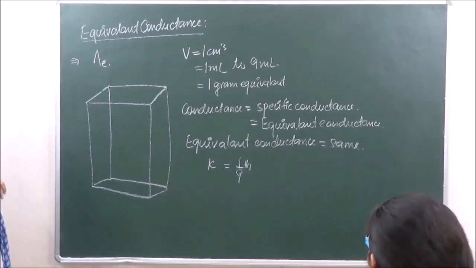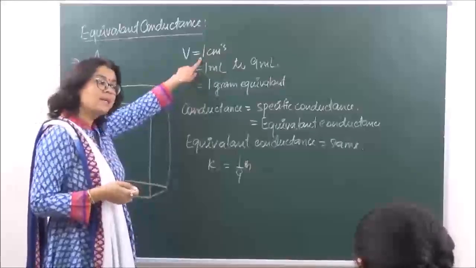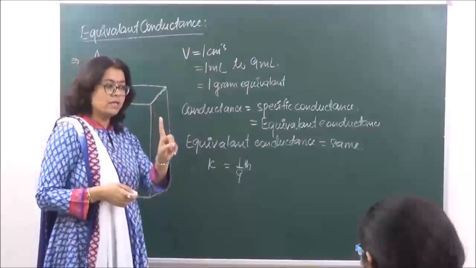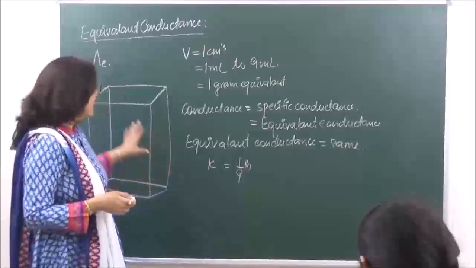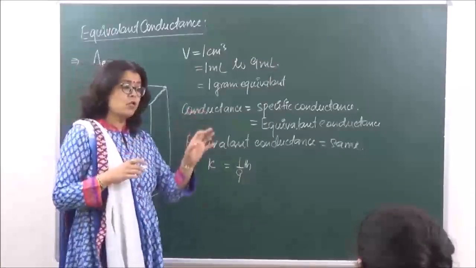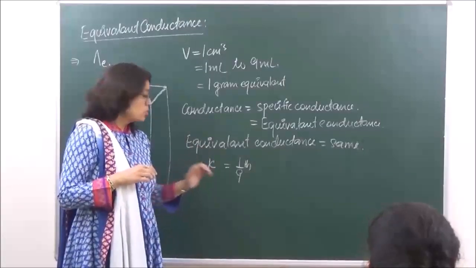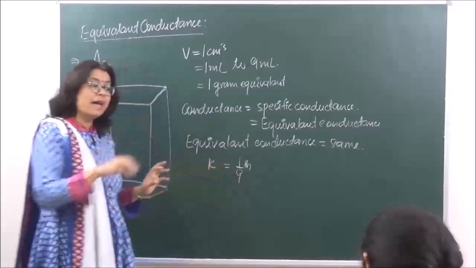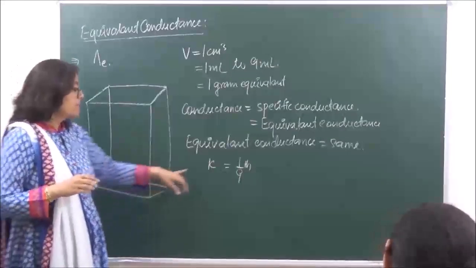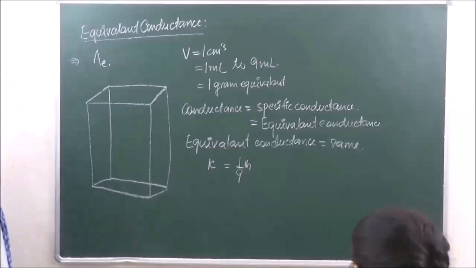Why? Because kappa depends upon 1 centimeter cube, which is a unit factor. As there are 9 cubes, the specific conductance reduces to 1/9.